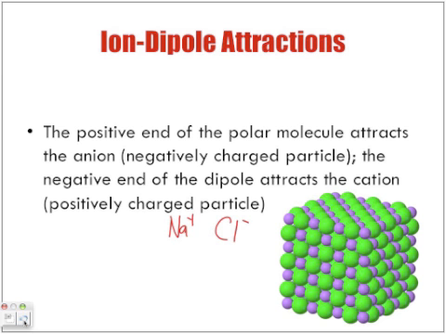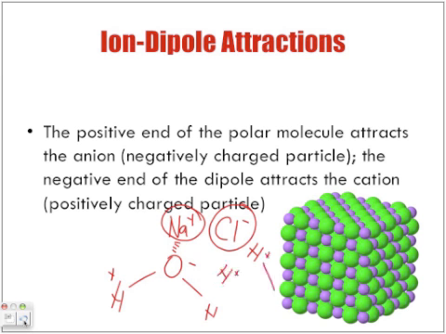And we talked about the dipole attraction within water, and how oxygen is slightly negative and hydrogen is slightly positive. So there's going to be an attraction between the oxygen of the water and the Na of the salt. Then the Cl, which is negatively charged, will be attracted to the slightly positive hydrogens of a water molecule.